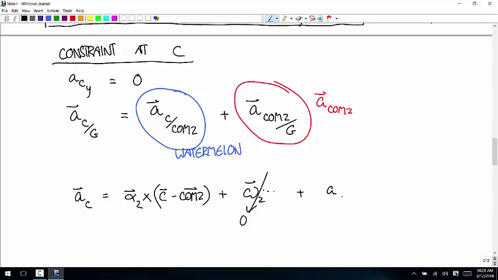Plus the acceleration of the center of mass of 2.